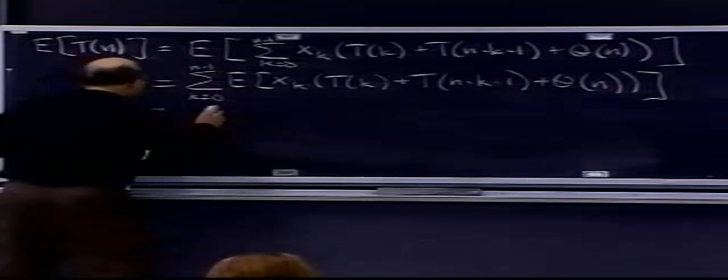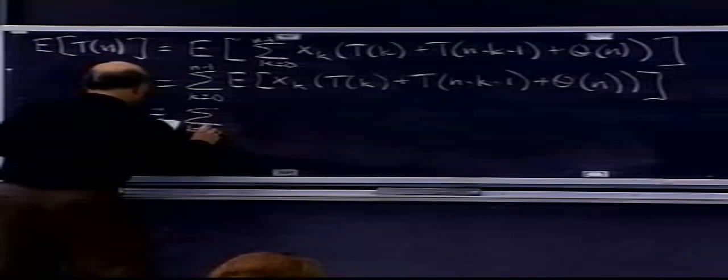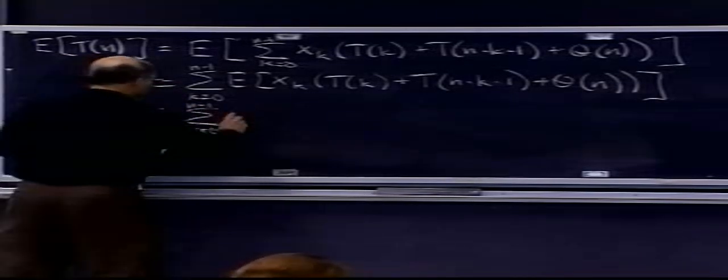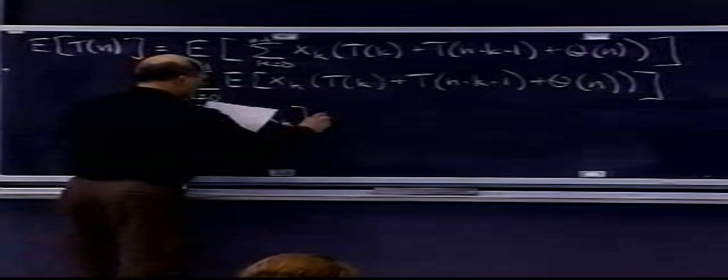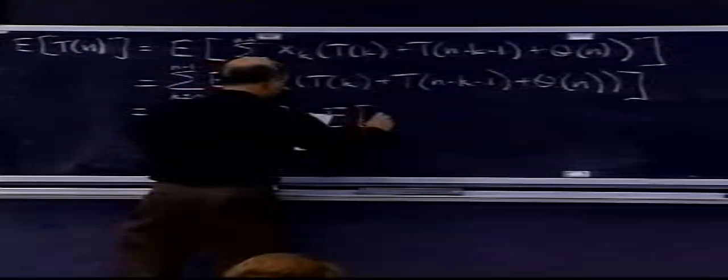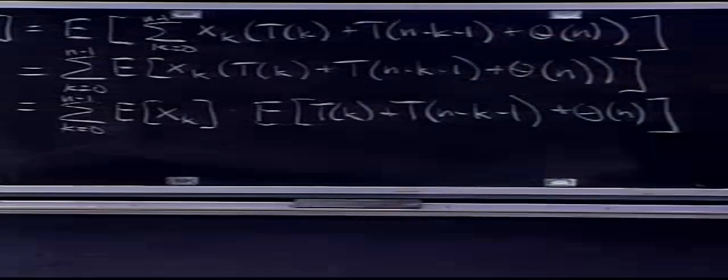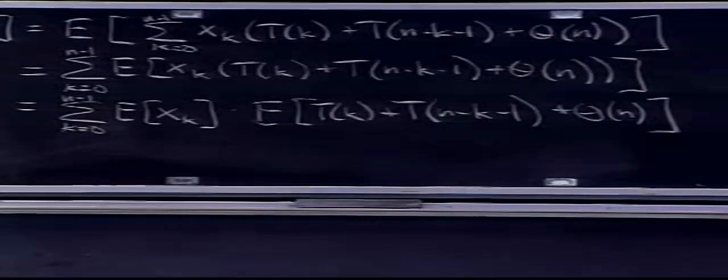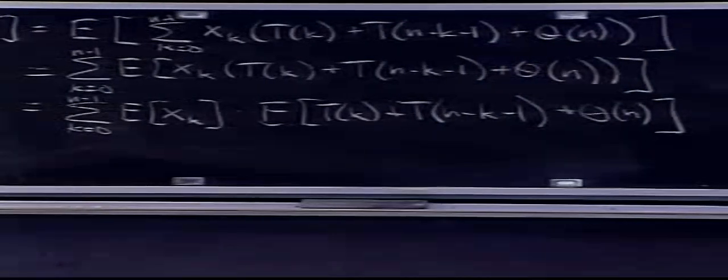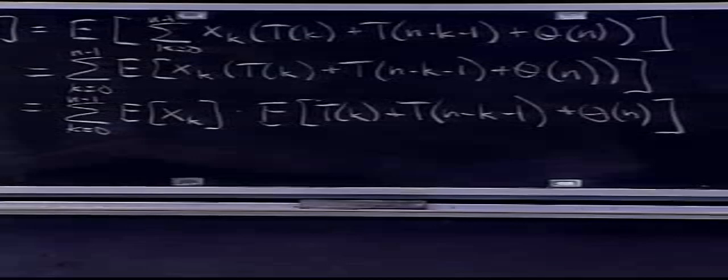Then I claim that's equal to the sum of k equals 0 to n minus 1 of the expectation of X times the expectation of T of k plus T of n minus k minus 1 plus theta of n. Why can I do that? Independence, right? You can tell because there's a multiply there.